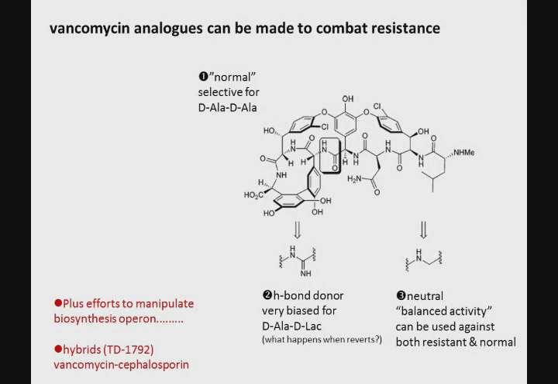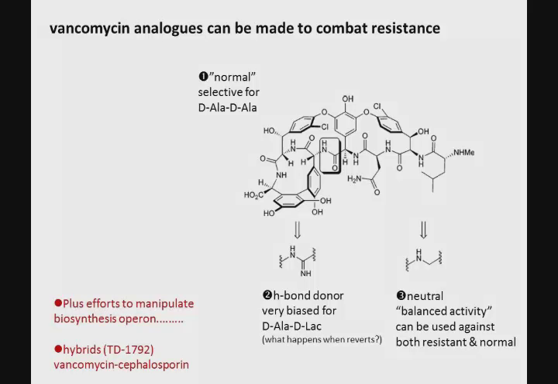And what you have to do is remove the interaction entirely by just generating a species with no hydrogen bonding potential. This is a neutral vancomycin, and then it will kill both the resistant strain and the normal strain. But there's no way we can make enough of this to be clinically useful. This is just an academic exercise.